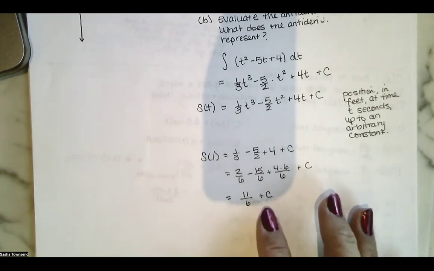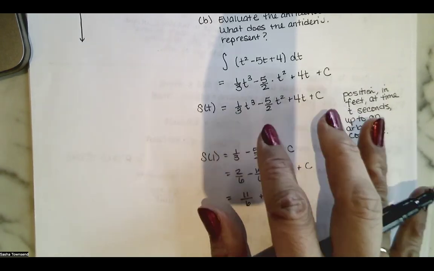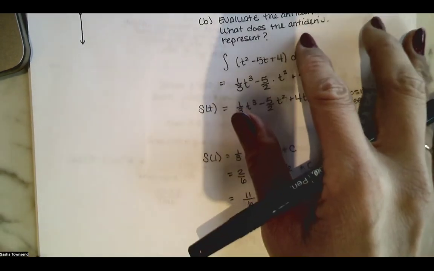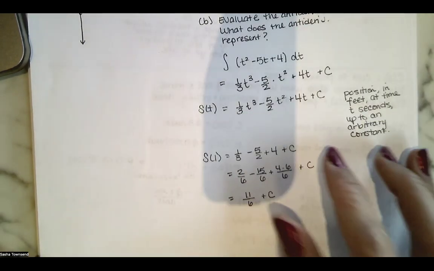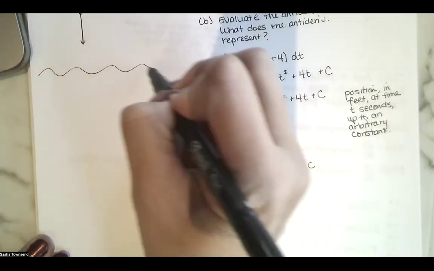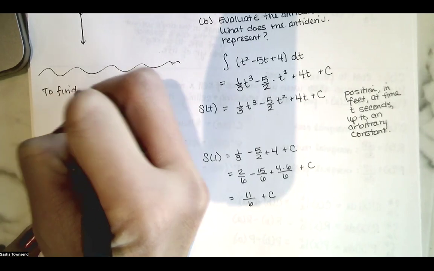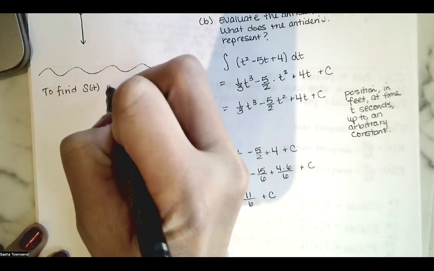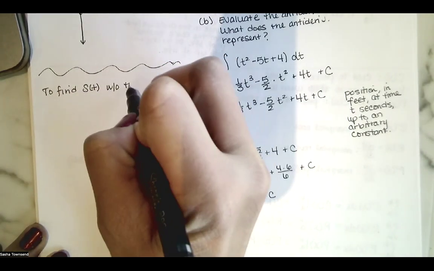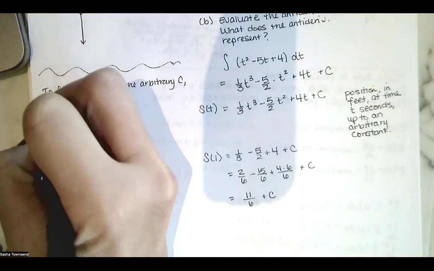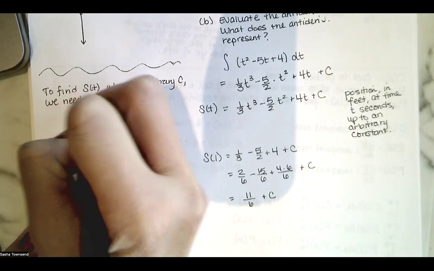So you'd say, well, what can I do so that my position function is actually meaningful? Well, I need more information. So we'll say the antiderivative represents this position up to an arbitrary constant. If we want to find the actual position without the arbitrary constant, we need an initial condition.